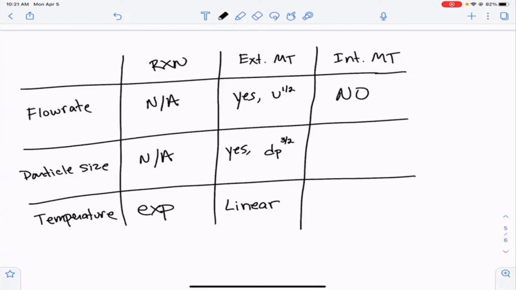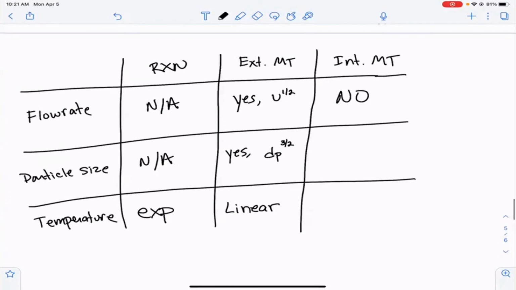Now, these last two are kind of interesting. So if we think about internal mass transport limitations, well, we came up with the Thiele modulus. Now, we haven't actually talked about how we can quantitate the internal effectiveness factor using the Thiele modulus. We're going to use that in an example next time. We'll use it in the homework. So I'll give it to you here and then we'll just talk about it later.